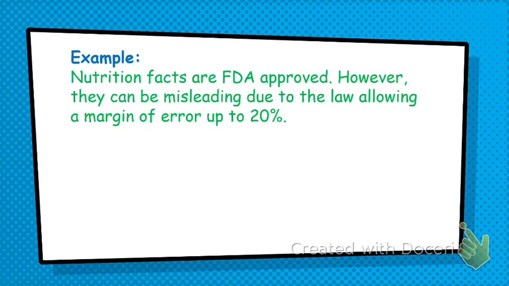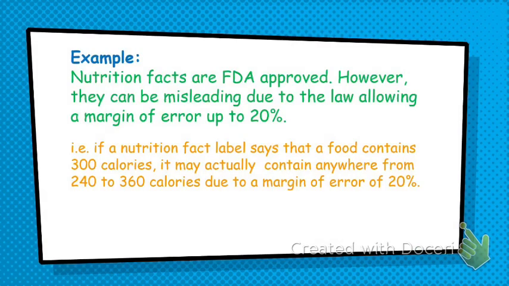Here's an example to consider that I didn't know until I started teaching this class: nutrition facts are FDA approved, but they can be misleading due to the law allowing a margin of error of up to 20%. So what does this mean exactly? If a nutrition fact says that a food contains 300 calories, it may actually contain anywhere from 240 to 360 calories due to the margin of error of 20%.